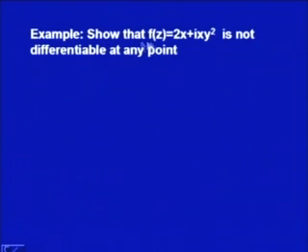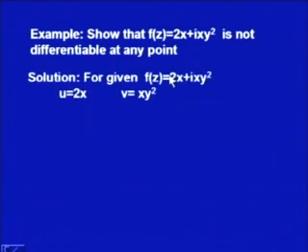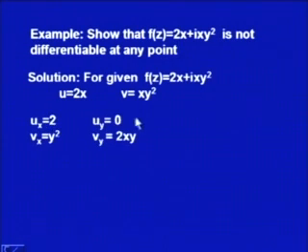If we have to show that this function is not differentiable at any point, we consider its real part u = 2x and v = xy². Then we apply the Cauchy-Riemann equations, and from here we get u_x, the partial derivative of u with respect to x, is 2, and the partial derivative of u with respect to y is 0.